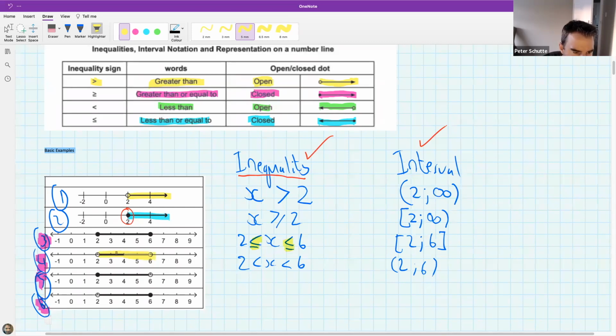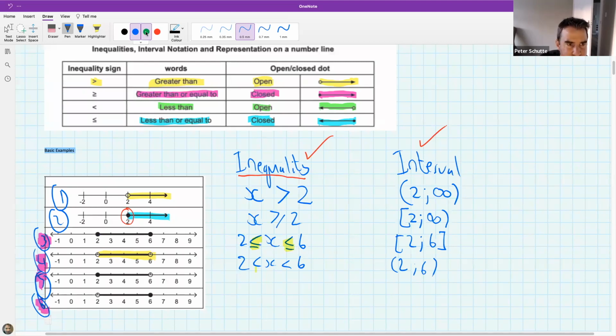And because it's between 2 and 6, but it doesn't include 2 and it doesn't include 6, that's why there's no little extra equals. Whereas if you look at number 3, it had the colored in dots. So in number 3, I've got a less than or equal to, and so it's possible to include the value 2.